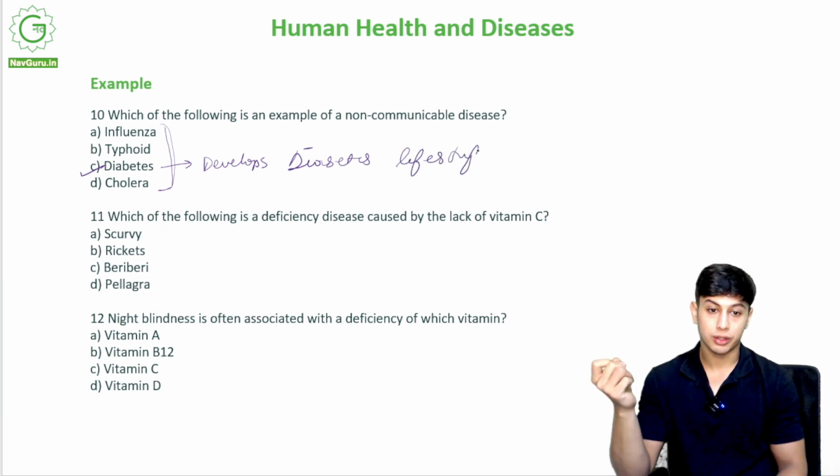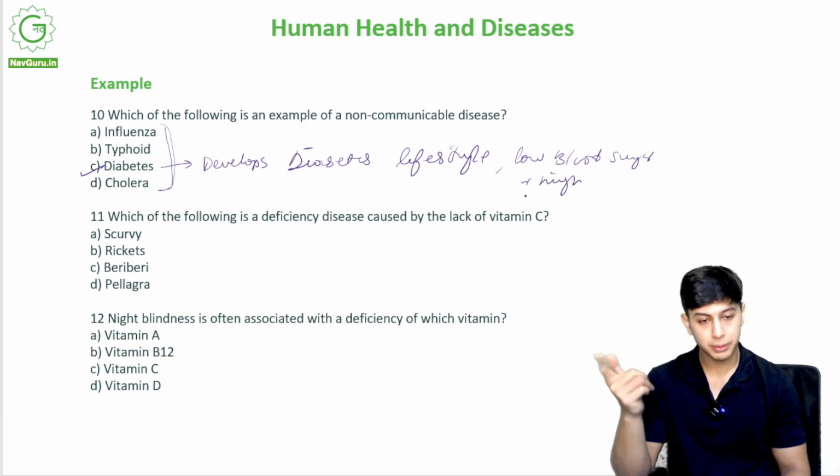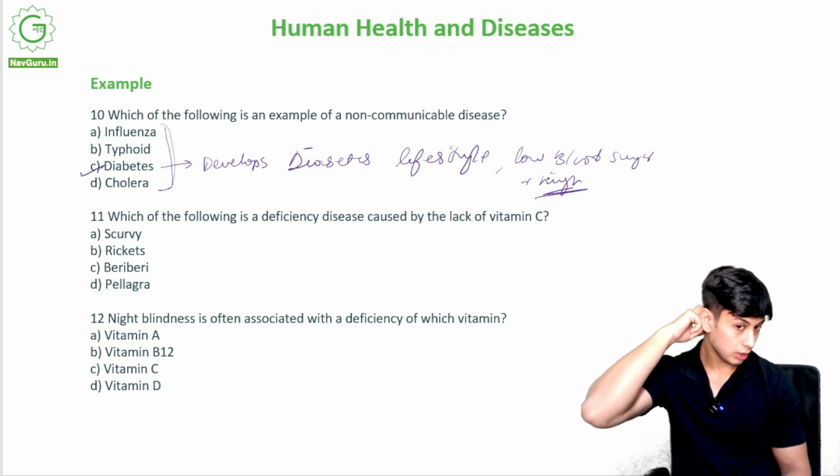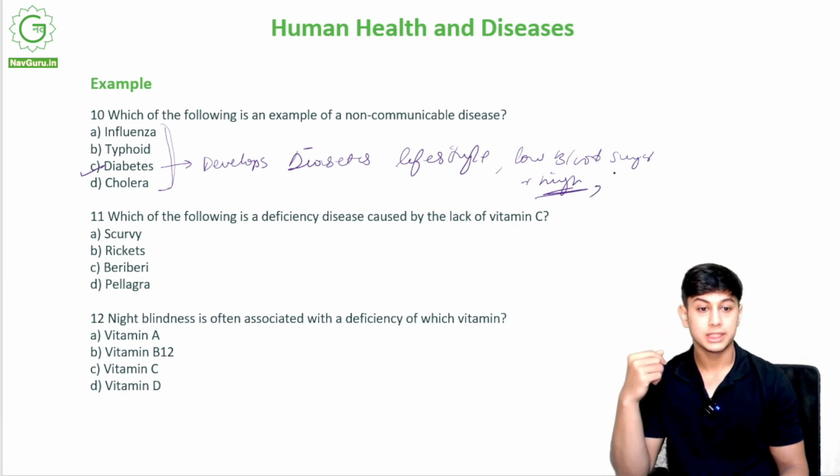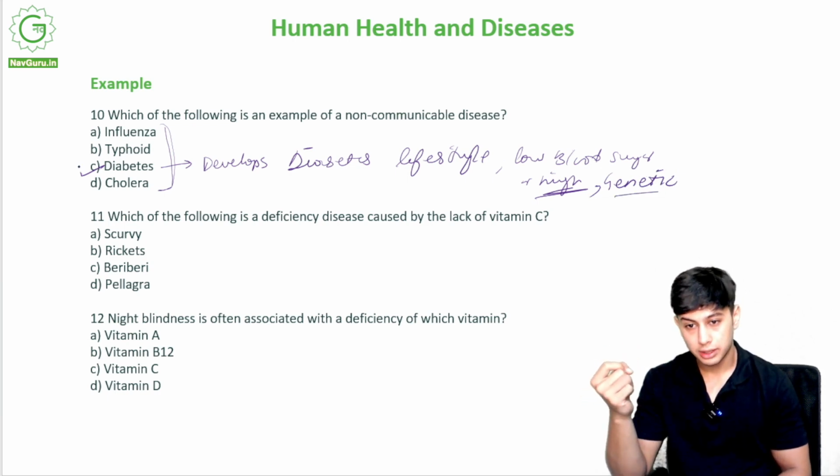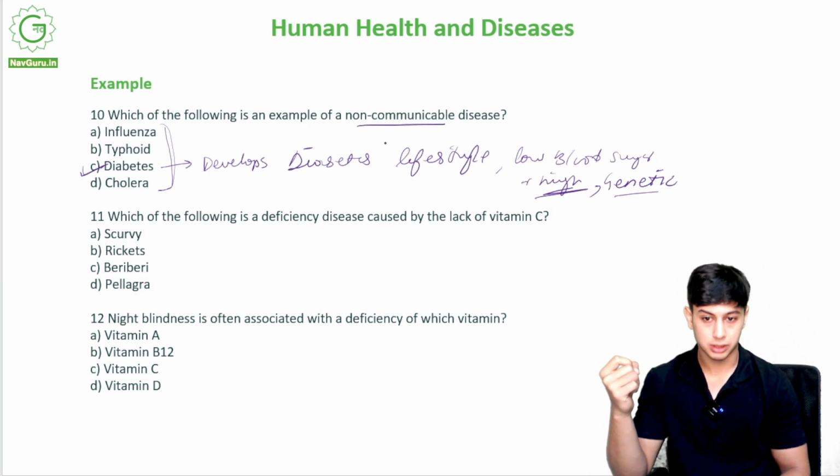If he consumes a lot of sugar or does not consume a lot of sugar, low blood sugar levels, high blood sugar levels, typically it's high blood sugar. All right. Also genetic conditions. Sometimes it runs in the family. So it is diabetes. It is a non-communicable disease.